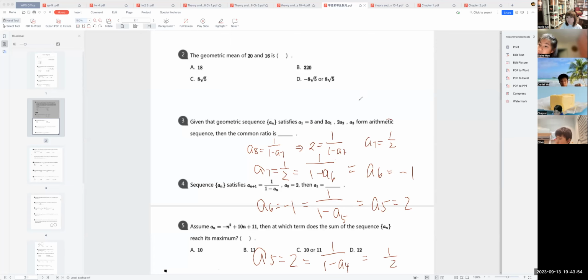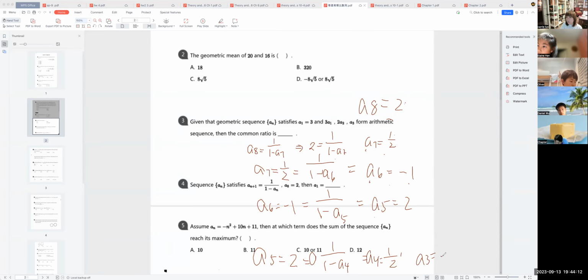好，你有没有发觉？看，A8 等于 2，A7 等于 1/2，A6 等于 -1，A5 等于 2，A4 又等于 1/2，那 A3 等于几啊？2, half, negative 1, 2, half, and equals what, Elaine? A3 equals half. 你看，2, 1/2, -1, 2, 1/2.